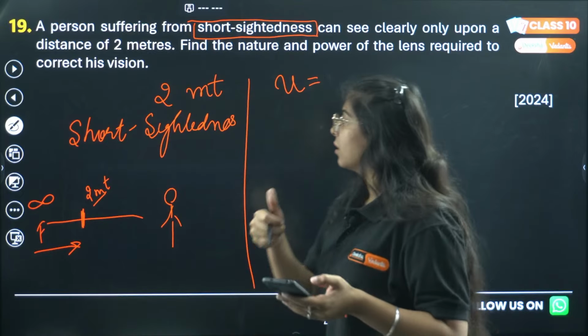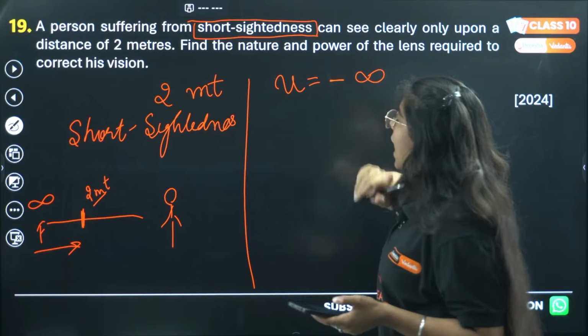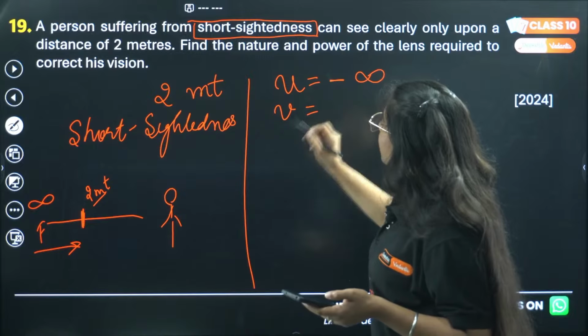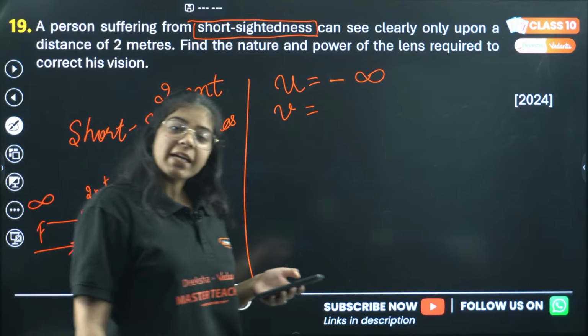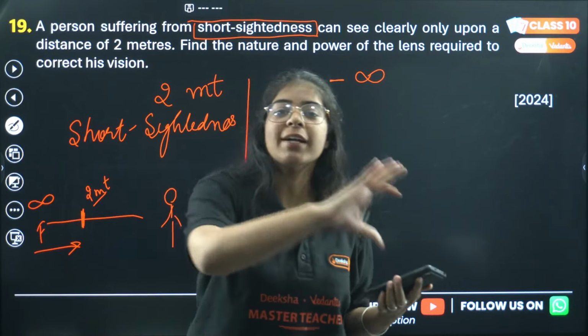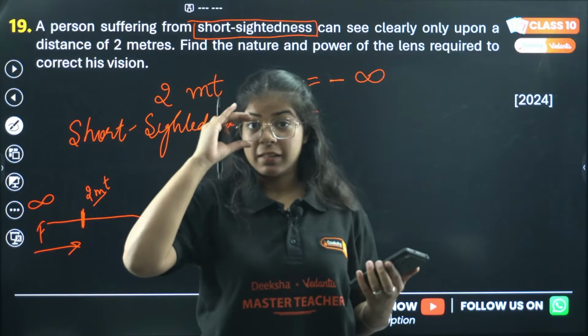Now I'll take minus infinity as my distance of object, and v, because I will use a corrective lens, so what will my corrective lens do? My corrective lens will form an image at 2 meter. Let's imagine what this glass is doing.